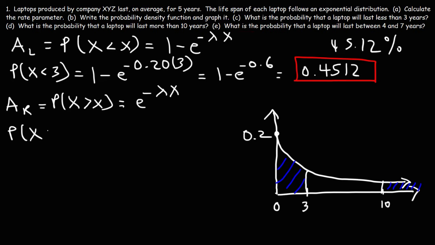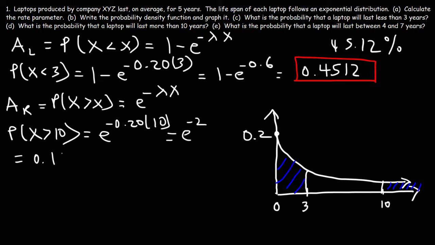So the probability that X is greater than 10 is e to the negative 0.20 times 10, and negative 0.2 times 10 is negative 2. So it's just e to the minus 2. And so you should get 0.1353. So that's the answer. Or you could say there is a 13.53% chance that a laptop will last more than 10 years. That is a laptop issued by company XYZ.